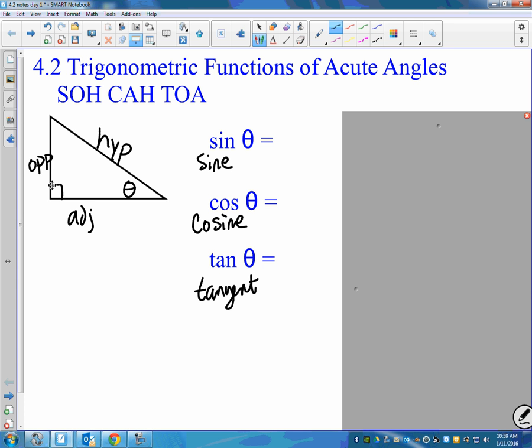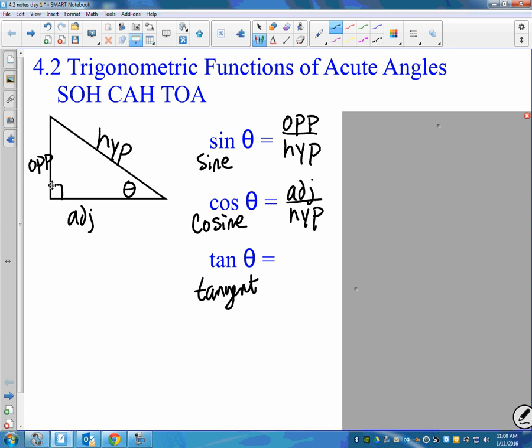But SOHCAHTOA, did your geometry teacher teach you this? Sine's ratio is the opposite side over the hypotenuse, S-O-H, that's where the SO comes from. Cosine is adjacent over hypotenuse, where the CAH comes from.